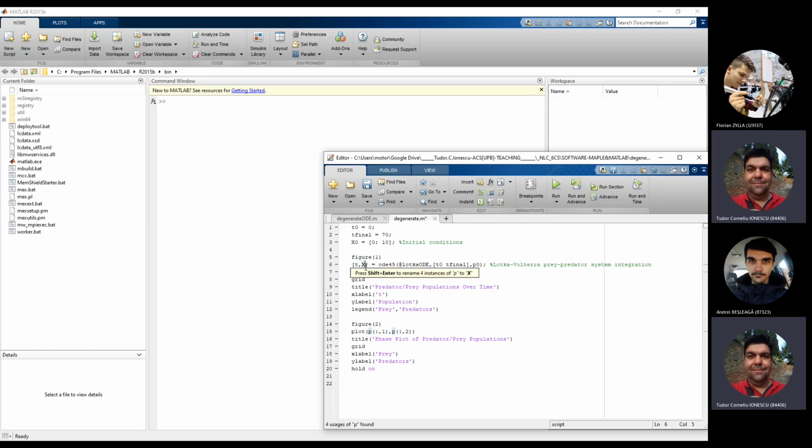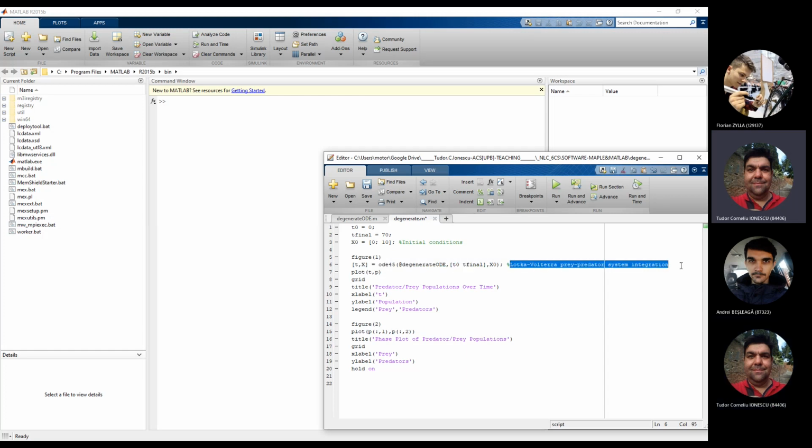This is T, X equals ODE45, degenerate ODE, T0, T final, X naught. Simulation of degenerate linear systems.